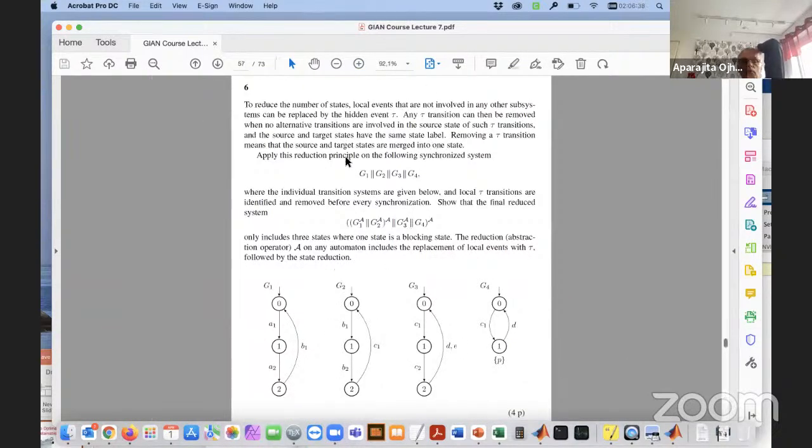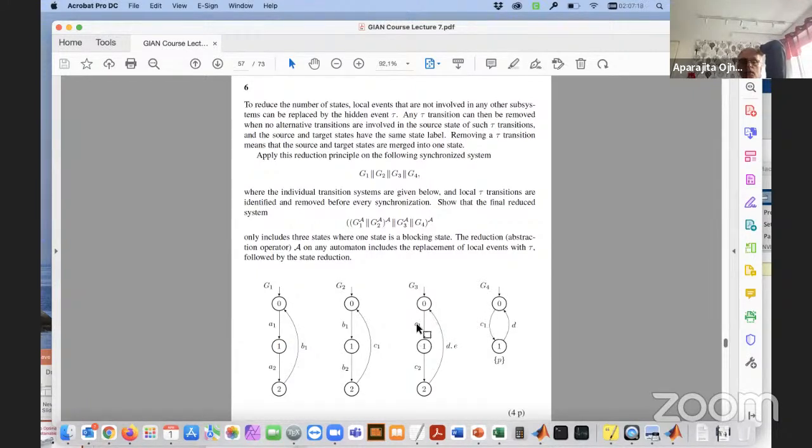Although I gave them this in the last lesson and I explained more or less in detail what they should do, I gave this as an exam. And in this case, you see that you have two local events in the first one, A1, A2, one shared with the second one, B1, and the one shared between G2 and G3 is C1.